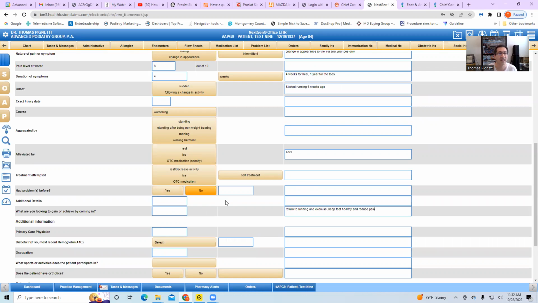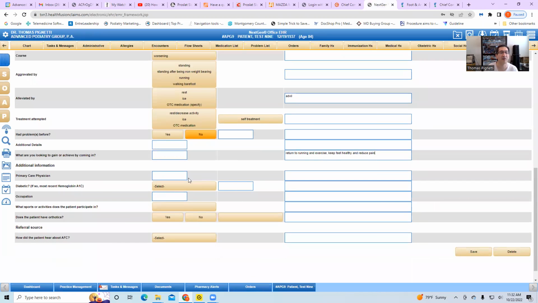Okay, and there's a place to put the primary care physician in here, if they're diabetic, and what their occupation is. I said I was a podiatrist. I would put down if they're a diabetic, because it's good to know that, and we have the primary physician's information here too, if we know it. Sports, you can ask them what they participate in.